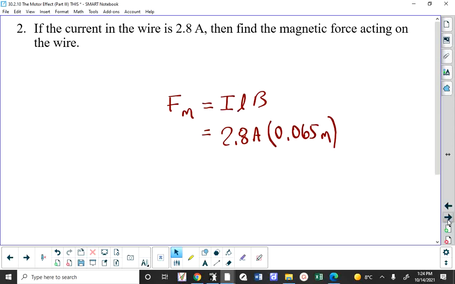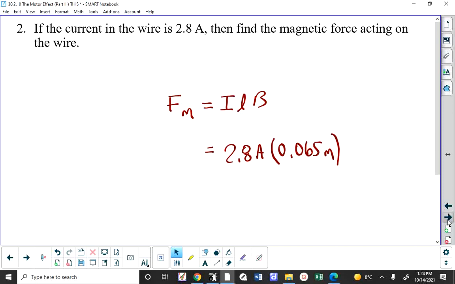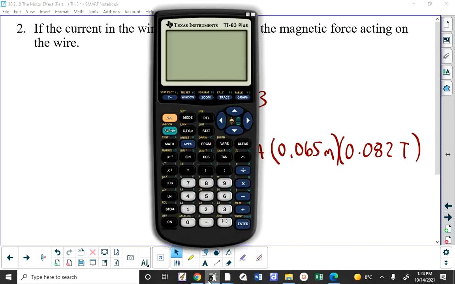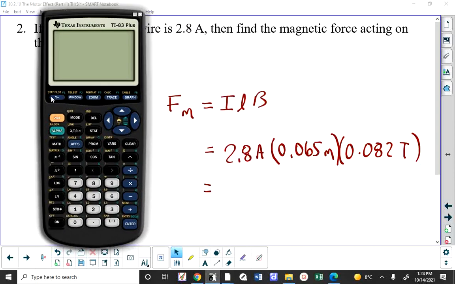Did I see 82 millitesla? Was that right? It is, okay. So that's 0.082 Tesla. That's it. There's not much to this lesson in terms of thought for calculations.